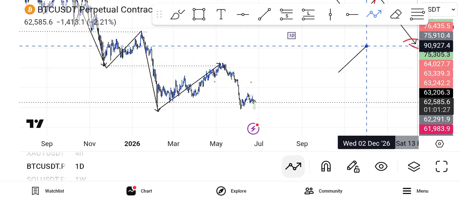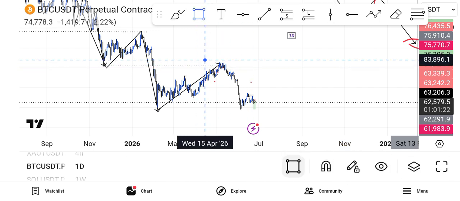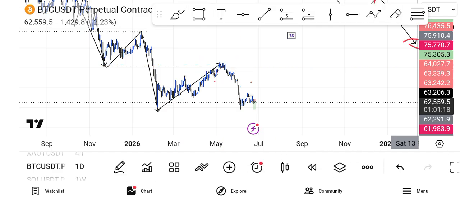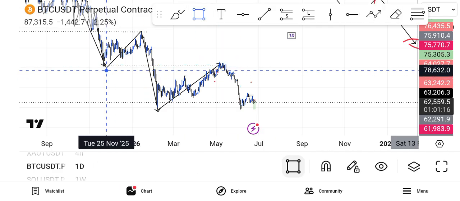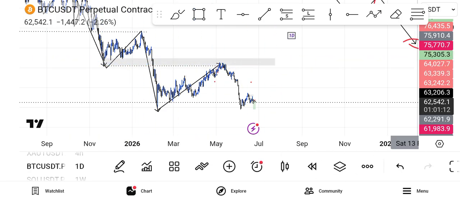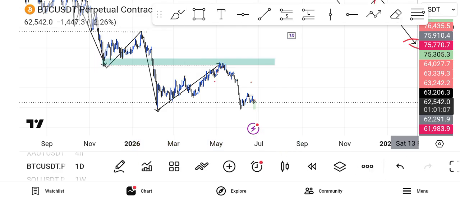So let me mark out that point so that we look for reversal concepts on that level on the lower time frame. This is our point of interest here. Let me give it this color so that I can understand that zone.